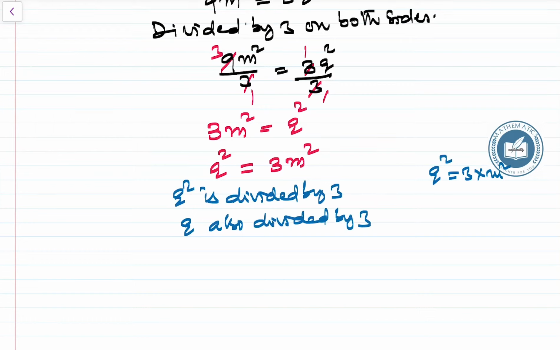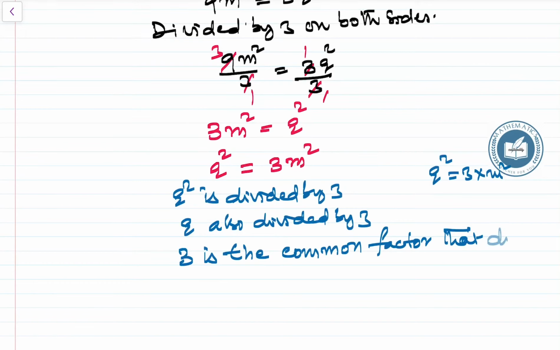From that we can understand that 3 is a common factor that divides p and q.